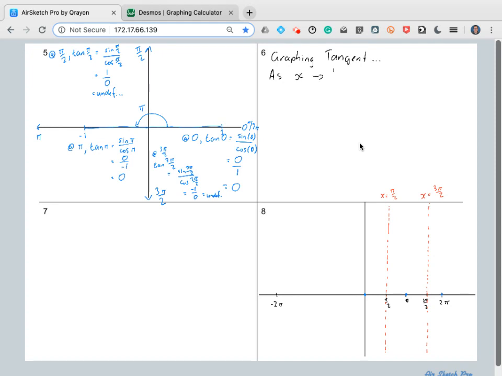As x approaches pi on 2, what's happening to tan of x? Remember that tan of x is in fact the gradient of that straight line. So if I just draw a bunch of them, it's going to look really confusing, but it'll give us a sort of sense of it.